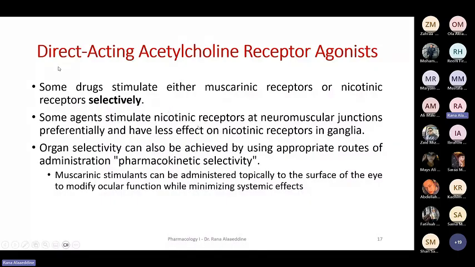What is this? Exactly, for example, instead of using it as a pill for the eye, I can use it as an eye drop. In that case, I don't have any side effects to the system, okay? We're giving the effect only to the eye, okay? So we're avoiding nicotinic receptors, and this is what we want.